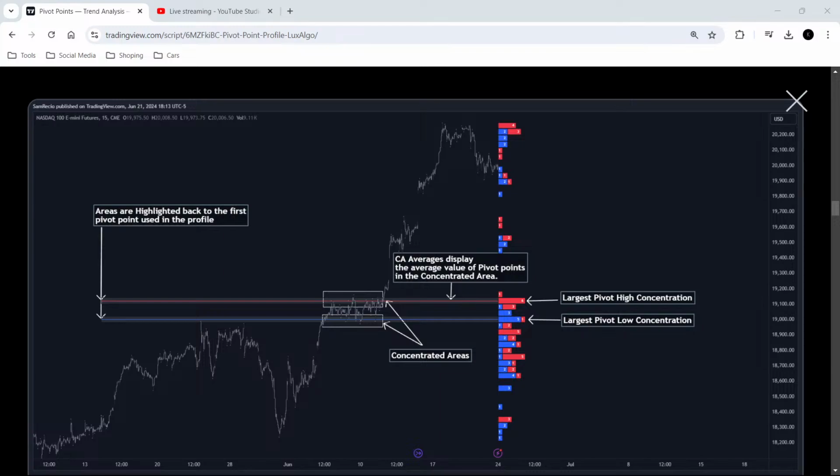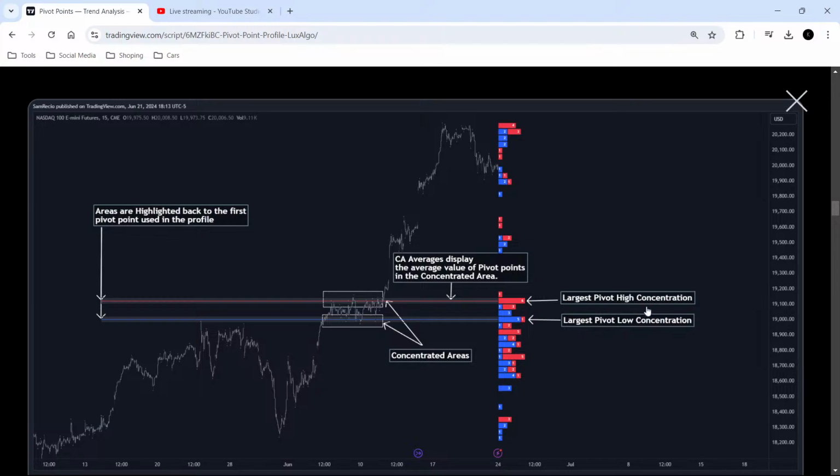It made a very nice trend, but this is still a ranging market from a higher time frame. So the concentrated areas averages display the average value of pivot points in the concentrated area. I don't know what CA stands for, but I think it's concentrated area.